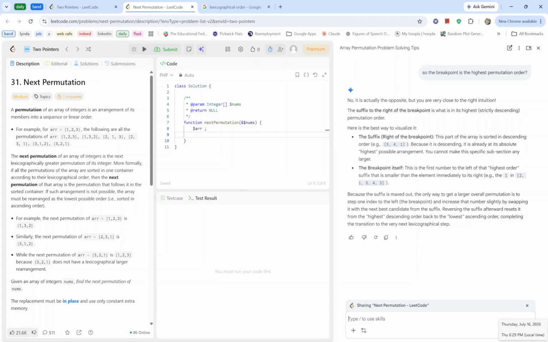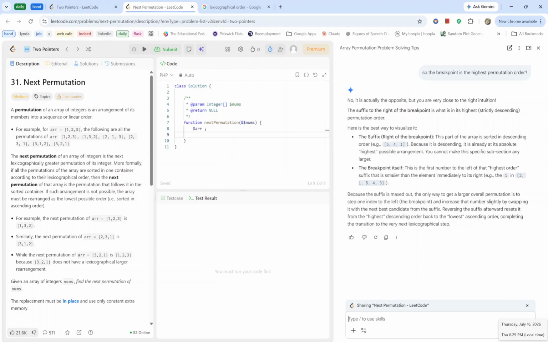You cannot make this specific subsection any larger. The breakpoint itself is the first number to the left of the highest order that is smaller than the element to its right, e.g., the 1 in 2, 1, 5, 4, 3.